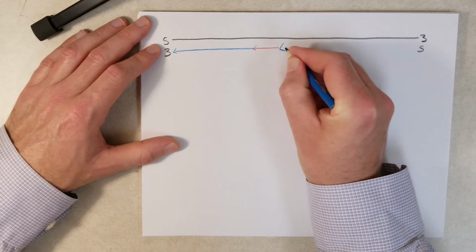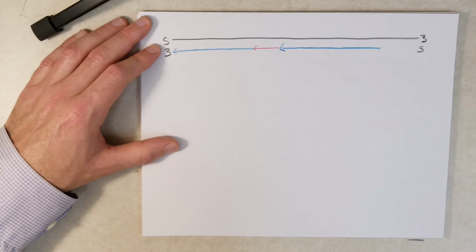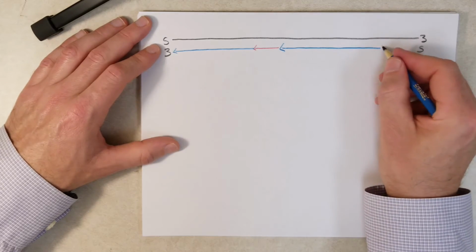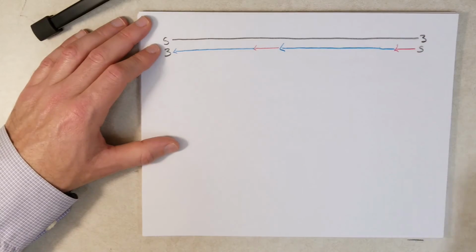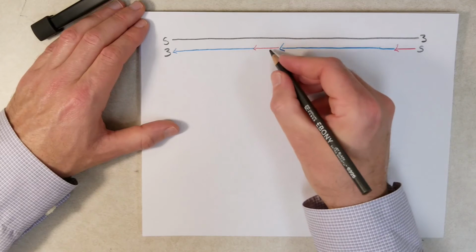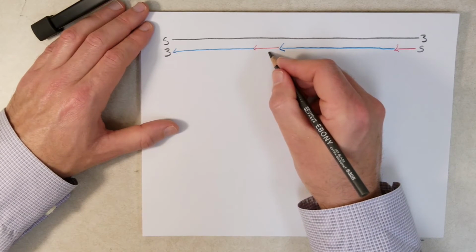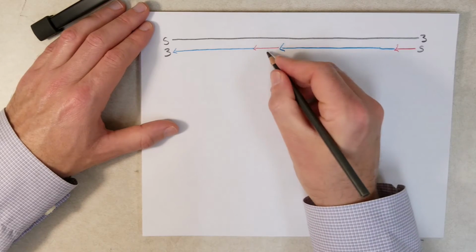So I'm using these different colors here to indicate. Red is going to indicate, let's say we're going to take prokaryotic Okazaki fragment maturation first.